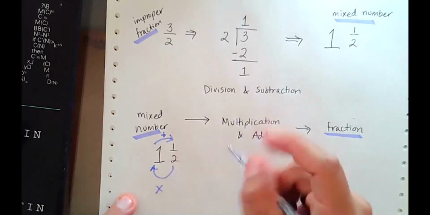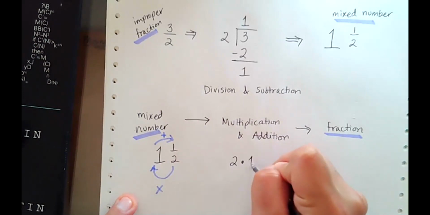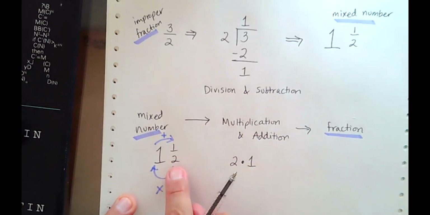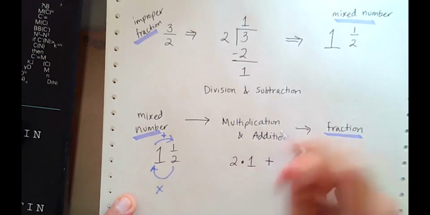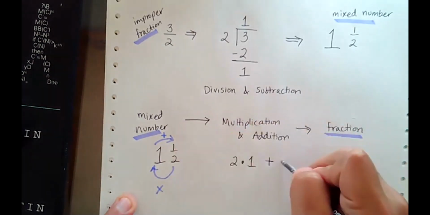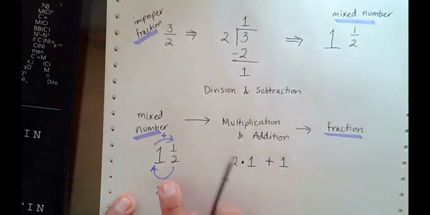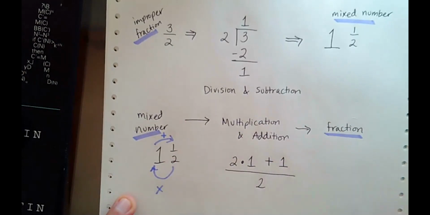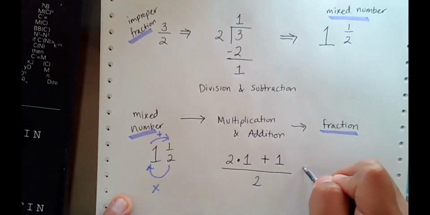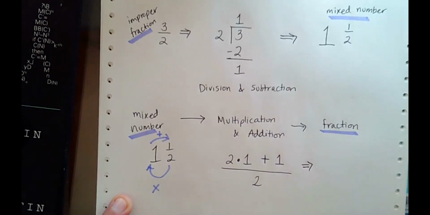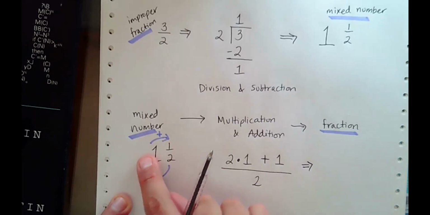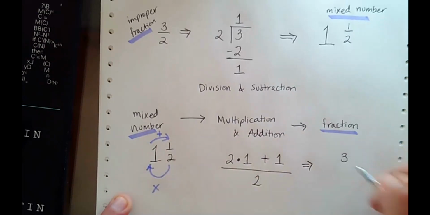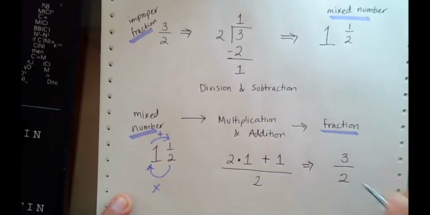So you could think about this like 2 times 1, the denominator times the whole number part, and then you add that to whatever's up here, which is the 1, and you just keep it over the original denominator, which is 2. So what we should be getting, 2 times 1 is 2, plus 1 is 3, so we should have 3, and then keep the original denominator.